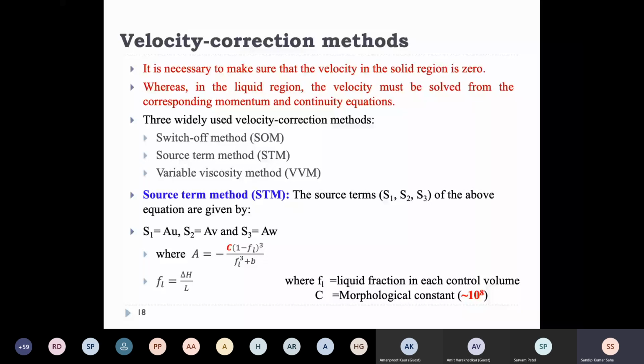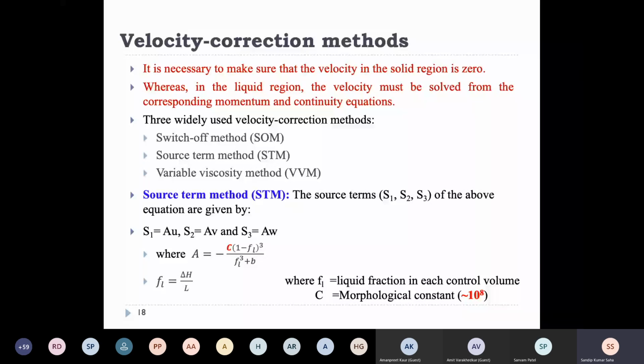And why is A modeled as minus C into (1 minus FL) to the power Q? This is replicating the porous medium model. You are assuming the melt front is diffuse, with velocity going from 0 to some finite value. So you are modeling the melt front as a diffuse porous medium, where the pressure drop replicates the pressure drop expression given by the Kozeny-Carman equation.